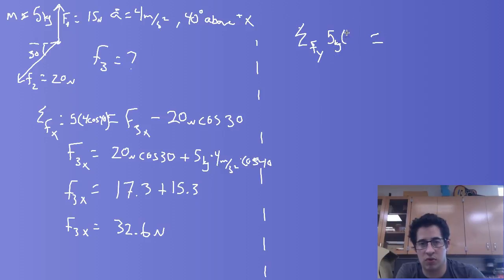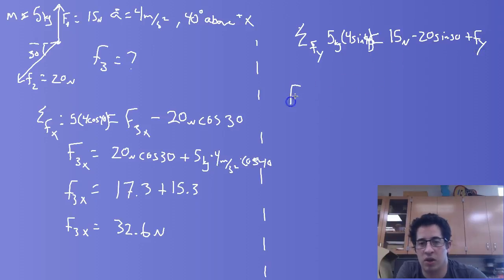In this case it'll be 4 times sine of 40. Then acting this way, we have the upward F1, 15 newtons. We have downward F2, the y component, so that'd be 20 times sine of 30. And then we have here Fy.